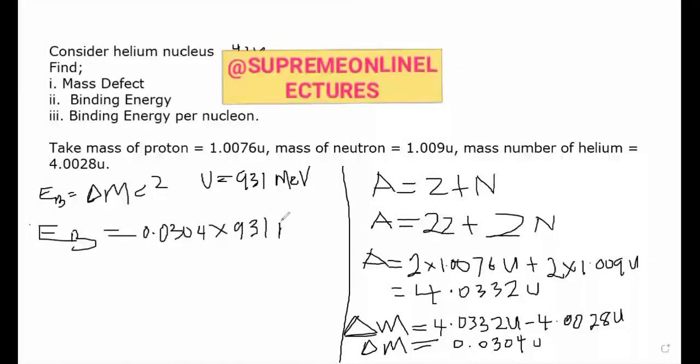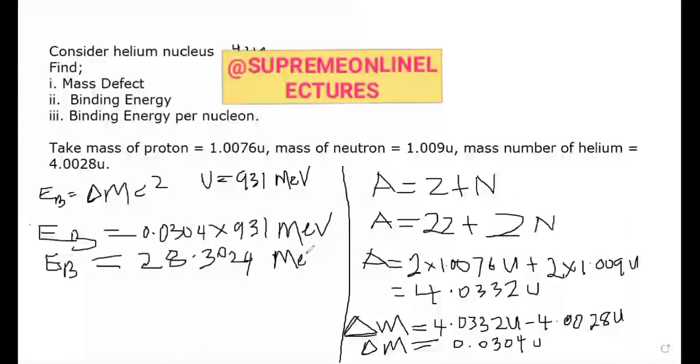Multiply these two. What do you get? EB equals, what I'm seeing here is 28.3024 milli-electron volts. You can also try it and see.